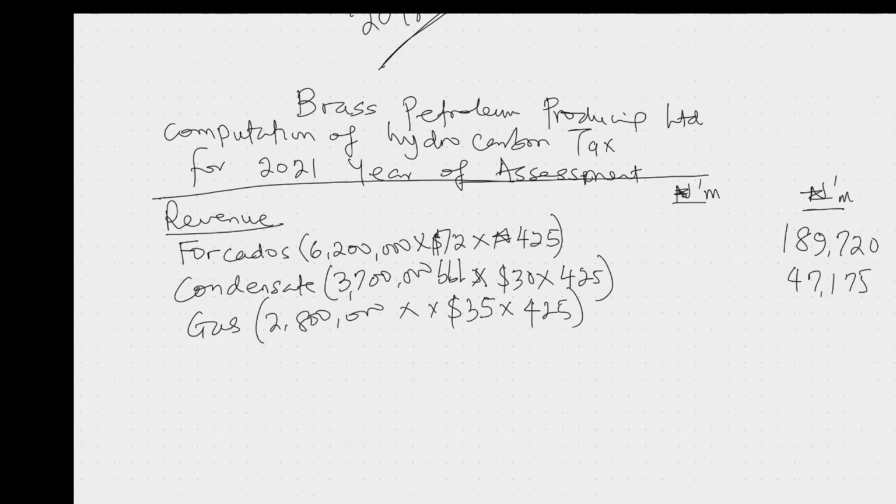What do you have? 41,650,000,000. So, what is my gross revenue?